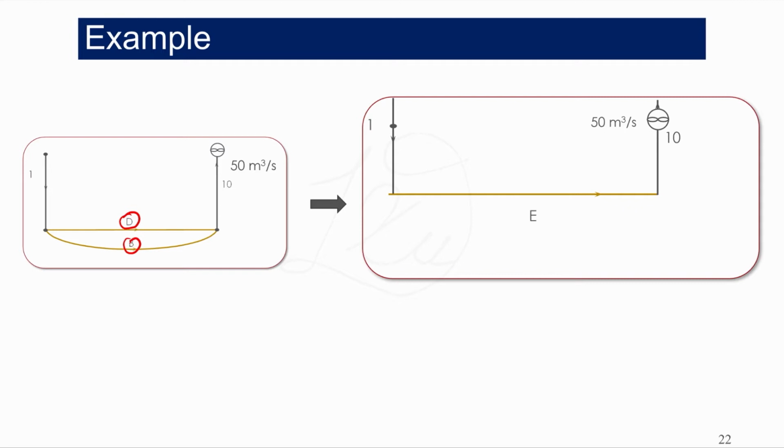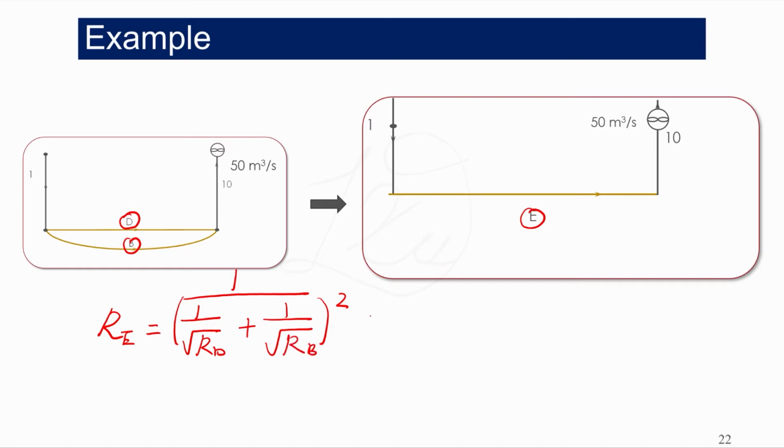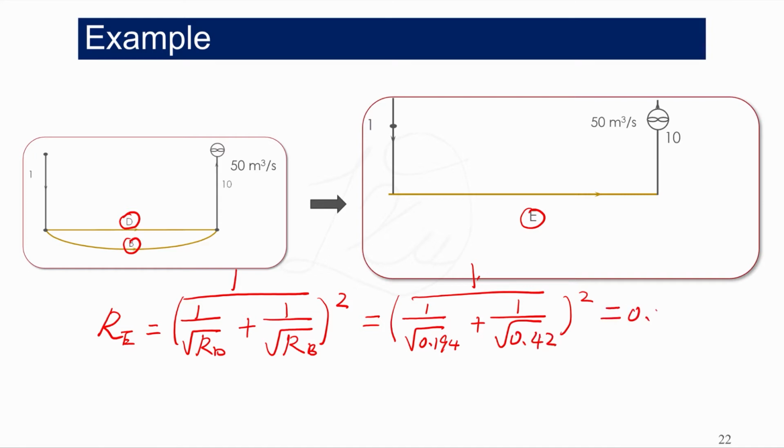We can reduce them to airway E. By using the equivalent resistance calculation method for airways in parallel, we can calculate the resistance of E, which equals (1 divided by the square root of RD plus 1 divided by the square root of RB) all squared, equals (1 divided by the square root of RD, which we just calculated as 0.194, plus 1 divided by the square root of RB, which we have calculated before as 0.42) squared. Finally, it equals 0.069.